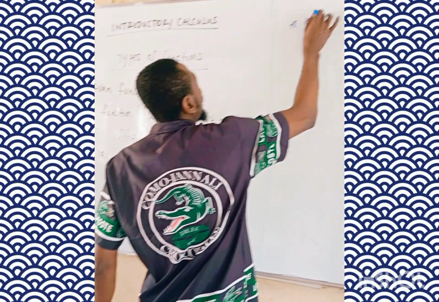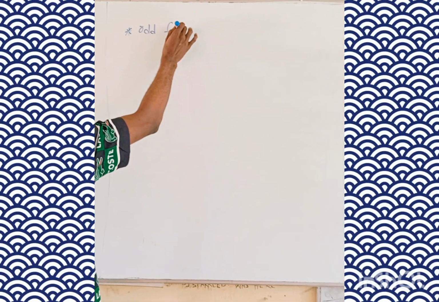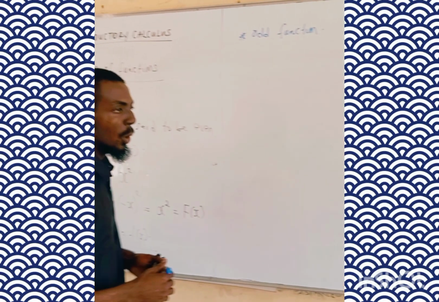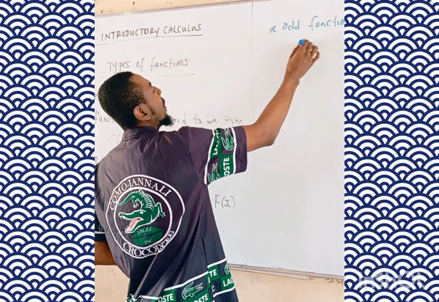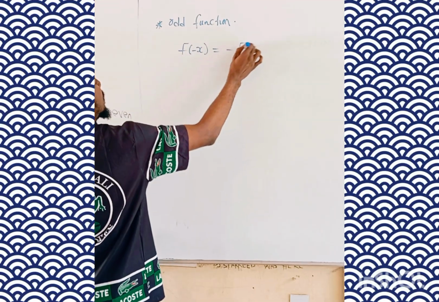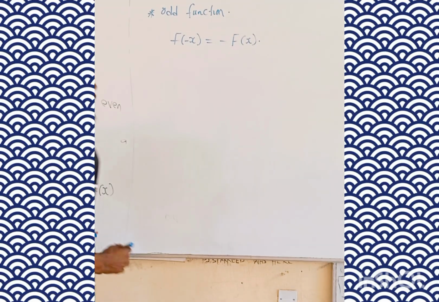Odd function. A function is said to be odd if f of minus x is equal to minus f of x.